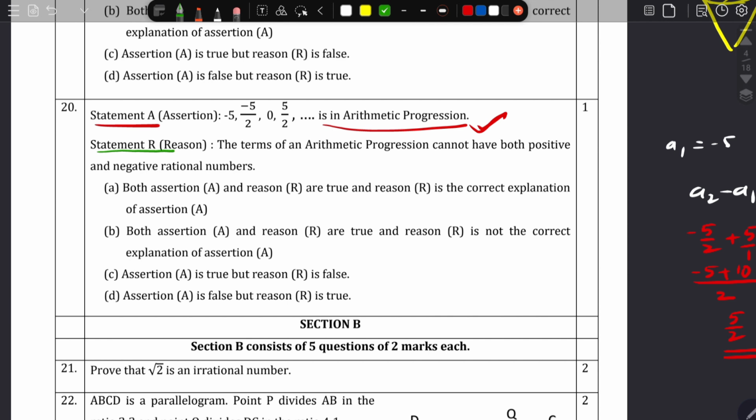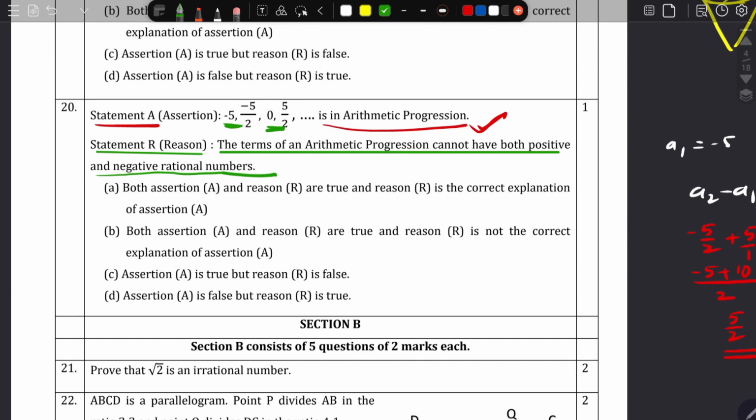What about the reason? Statement R, reason: the terms of an arithmetic progression cannot have both positive and negative rational numbers. As you see in the assertion, it has negative terms and positive terms both in the same arithmetic progression.